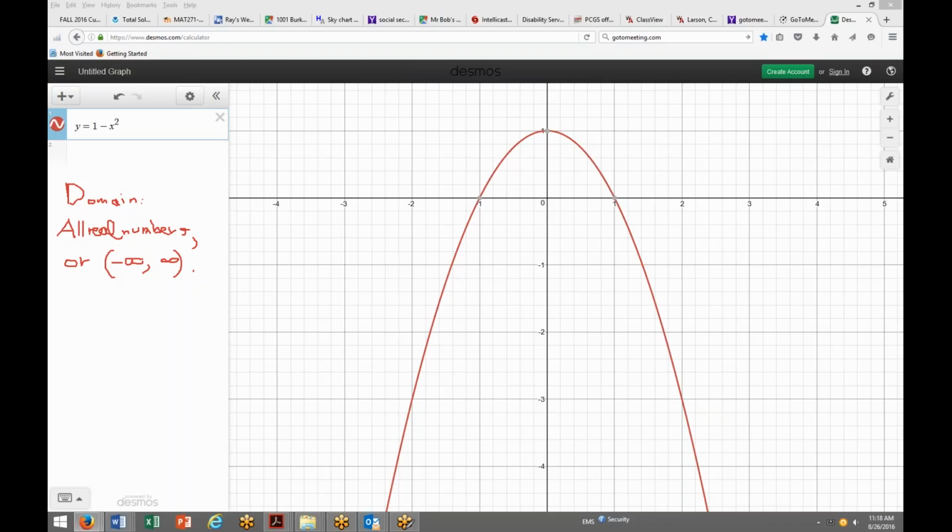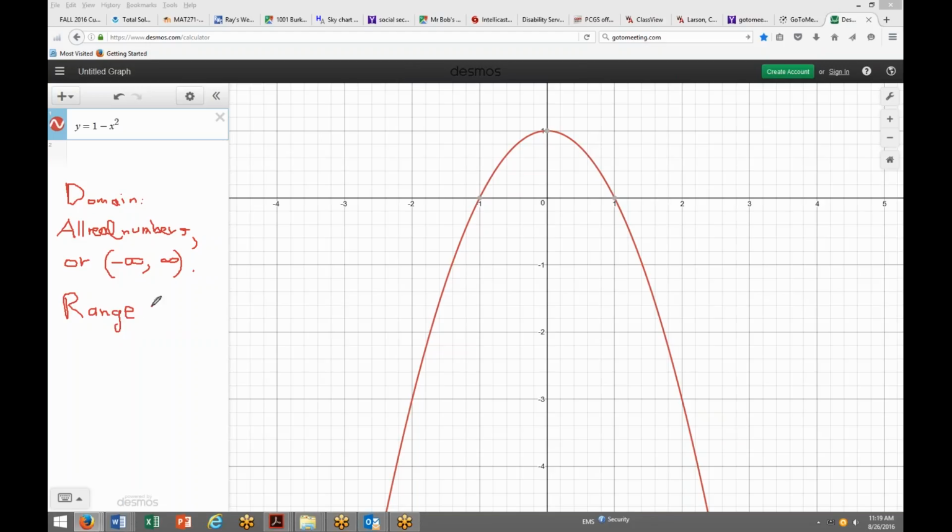And we use rounded parentheses when the number is not included. If the set, say, went from negative 2, comma, to 3, and negative 2 and 3 were not included in the set, then we would use rounded parentheses around the negative 2 and around the 3. If they are included, as it comes up to be with the range here, then instead of the rounded parentheses, you'll probably recall, you use the square brackets.